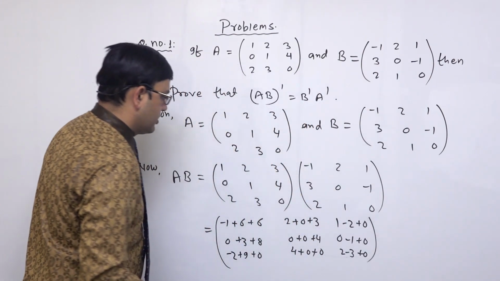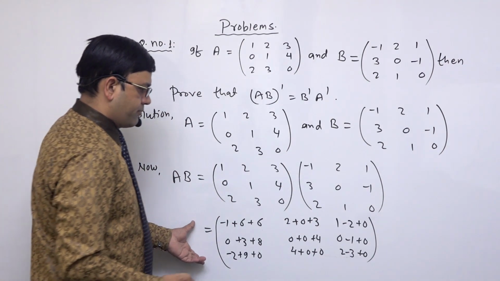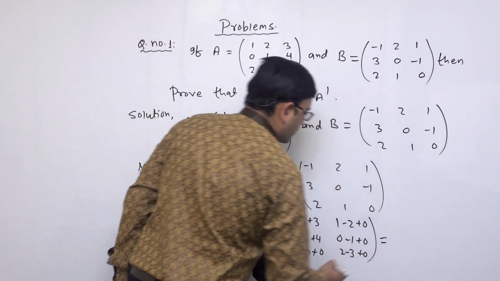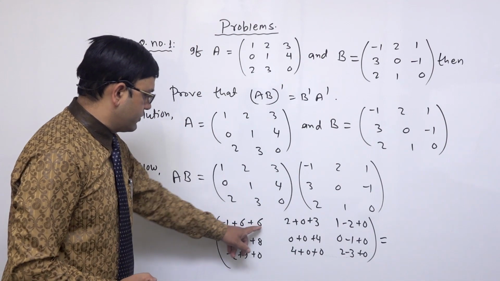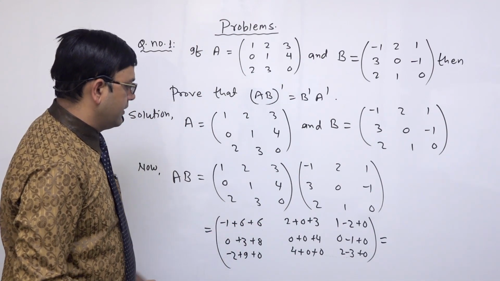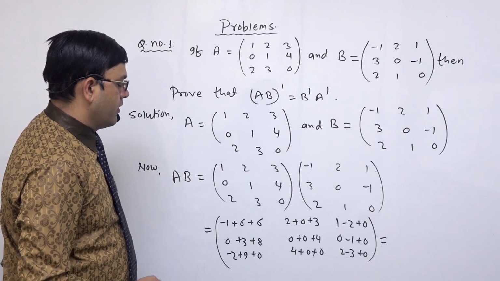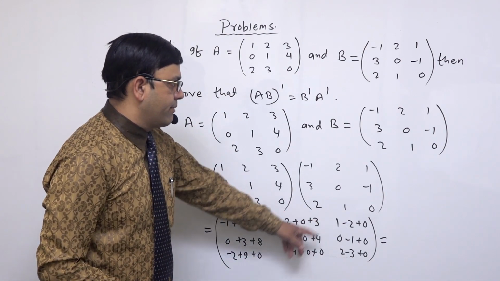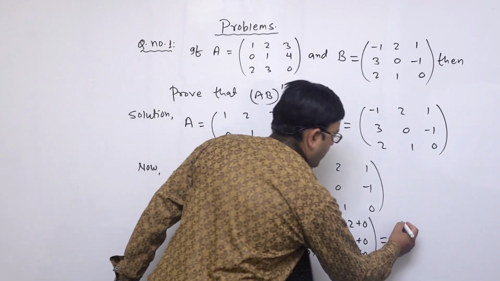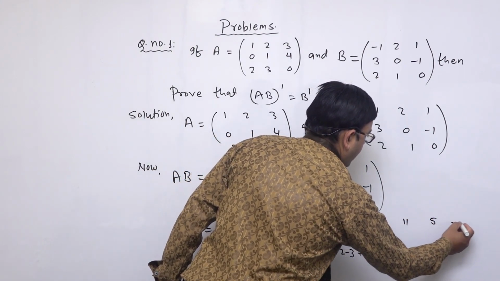This is the multiplication. Now after calculating this, we get 6 6 12 minus 1 is 11, 11, here is 5 and here is -1. So 11 5 -1.